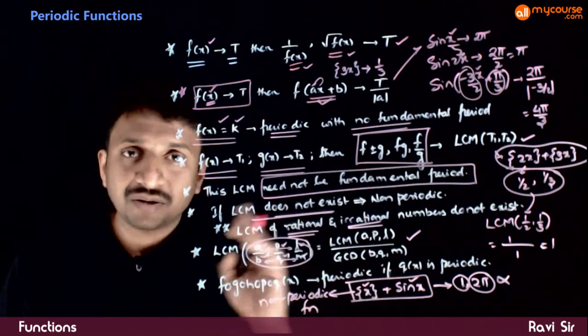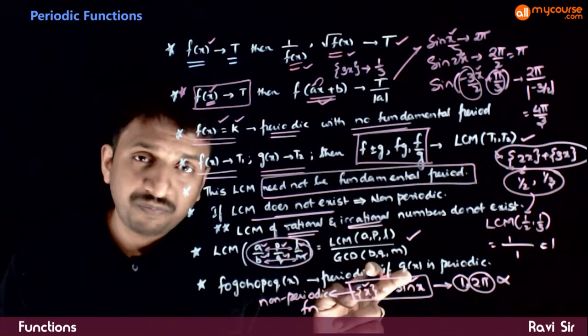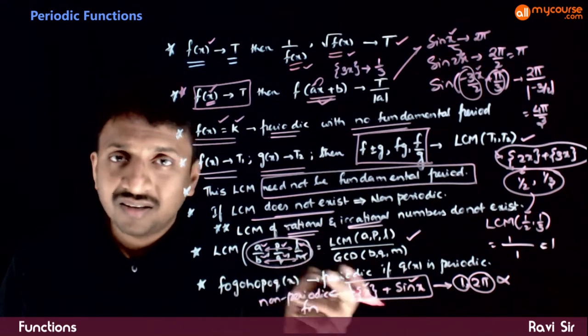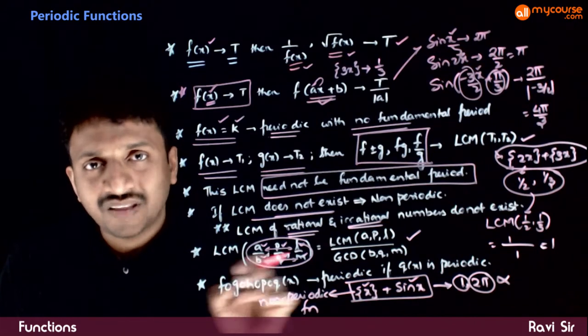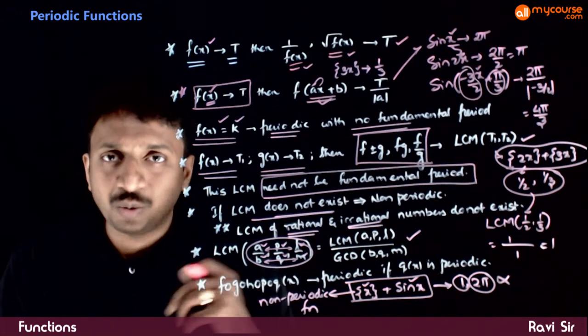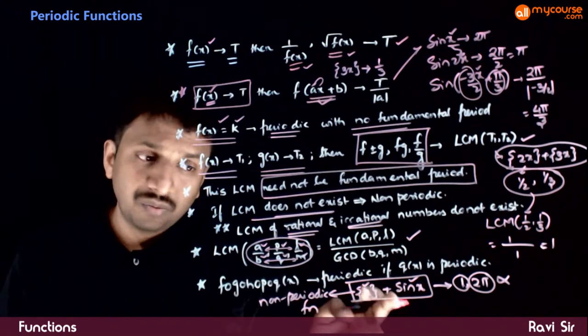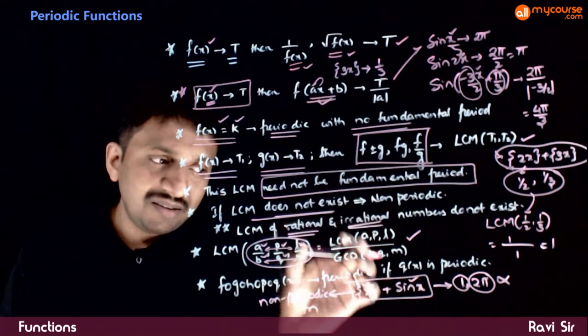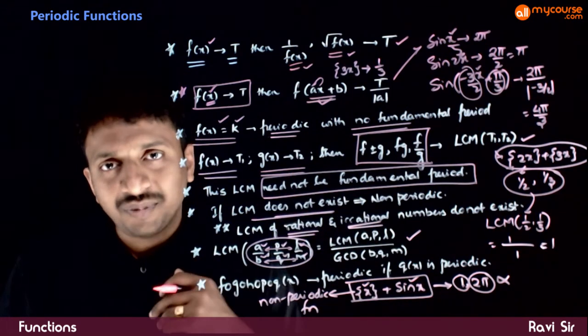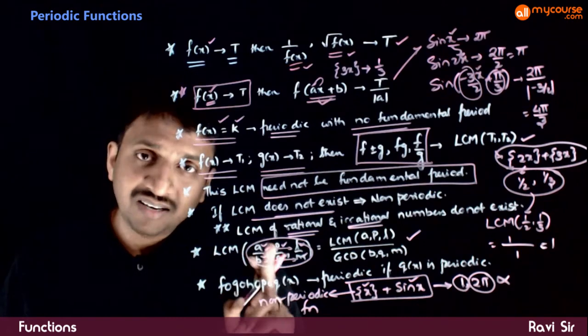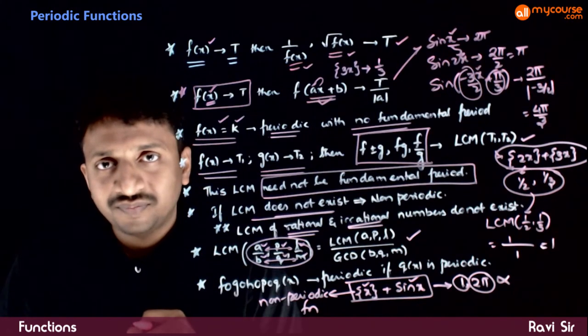We have sin x plus cos x. The period of sin x is 2 pi, the period of cos x is also 2 pi. Hence the LCM of 2 pi and 2 pi is 2 pi. So if you can find the LCM, then the LCM is a period. But again, it need not be the fundamental period.